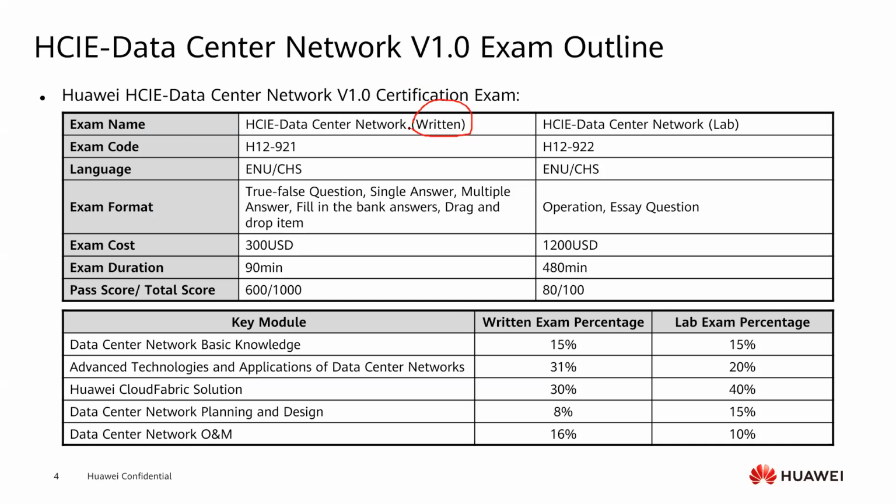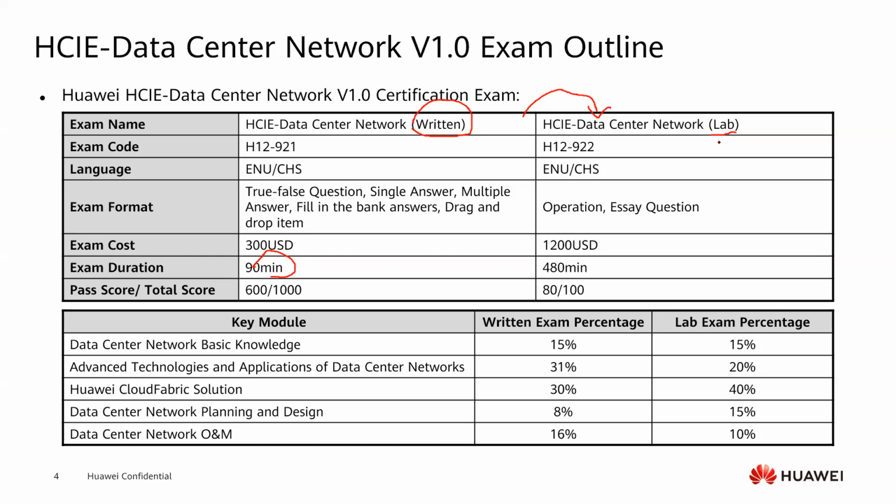The written exam has five question formats: true or false, single answer, multiple answer, fill in the blank, and drag and drop. This exam takes 90 minutes, and when you get a score over 600, you have passed the written exam. After passing the written exam, you can apply for the lab exam for the HCIE DCN.